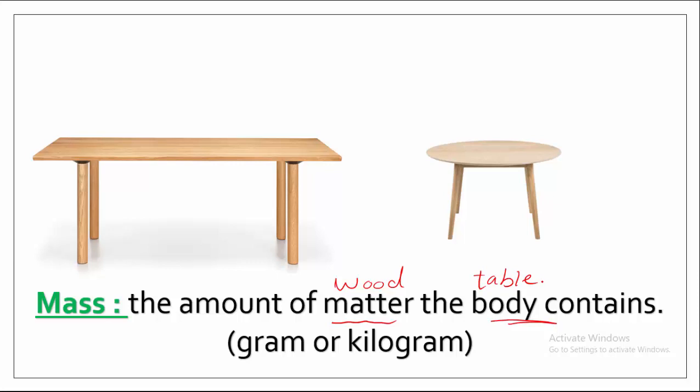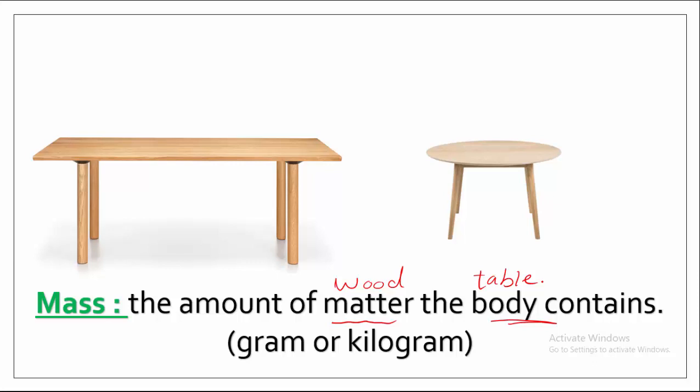Clear? Now another question. After we understood what's meant by mass, and mass means the amount of matter in an object, I have another question here. Which table of them takes more space from this white slide, or from this white space?